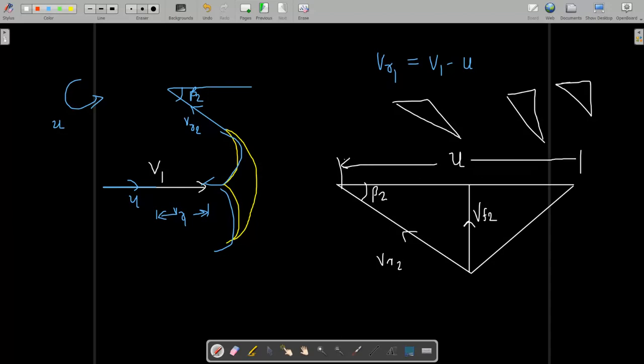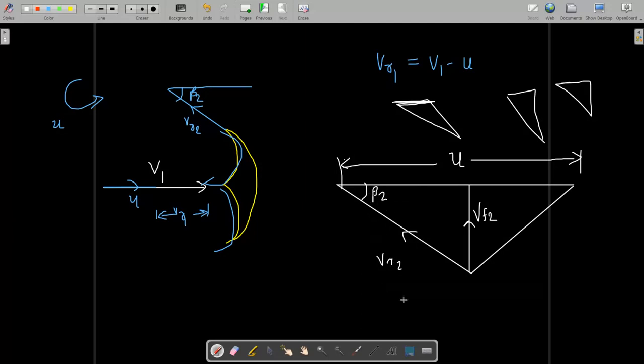Now here I can say this is the U, the horizontal component, the direction of the Pelton wheel. The relative velocity component is making angle beta 2 with the horizontal.